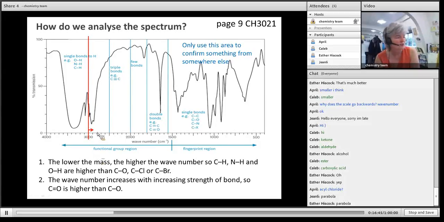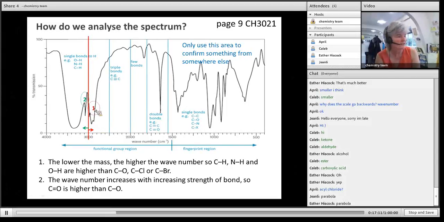And that's just to show you look down to around about 2900. So that's the first region. Then you look slightly up in the other direction to around about 3100. And that's the peak that tells you whether you've got a hydrogen, because remember that area is always hydrogen attached to something. So that's whether you've got a hydrogen attached to a carbon double bond.